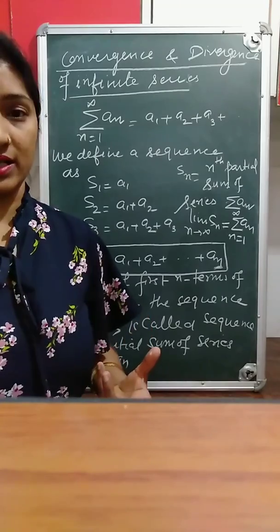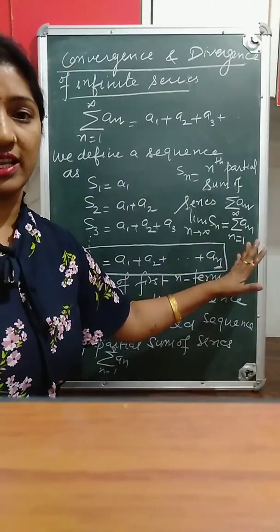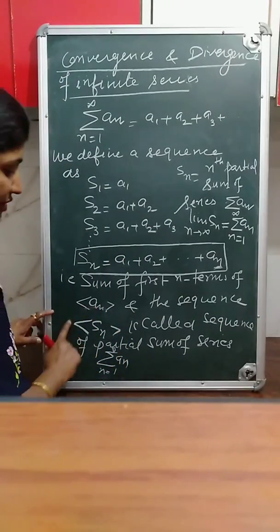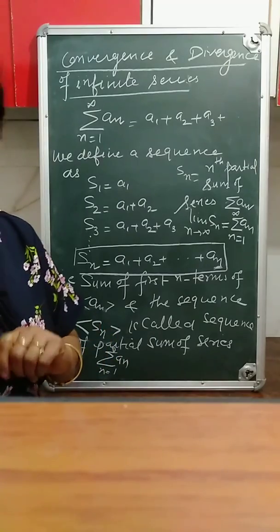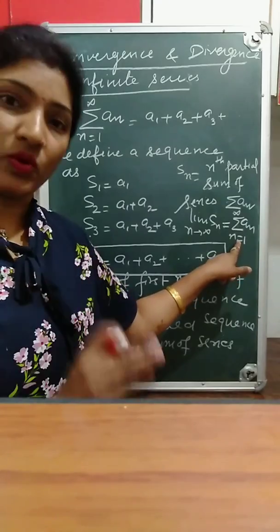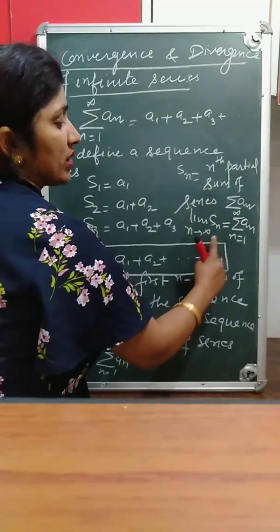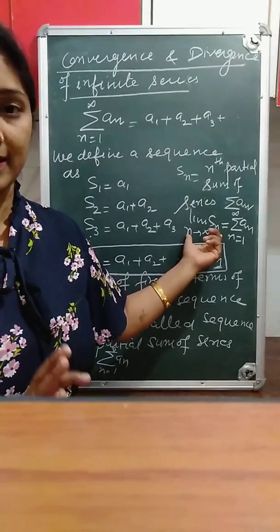It means that the behavior of this series summation a_n is exactly the same as the behavior of the sequence of partial sums of summation a_n. So, if we want to consider the convergence or divergence of this series, we will consider the convergence or divergence of this sequence of partial sums, right?